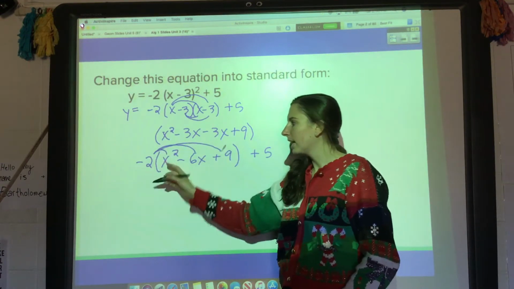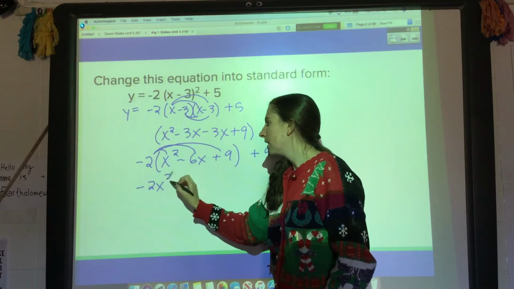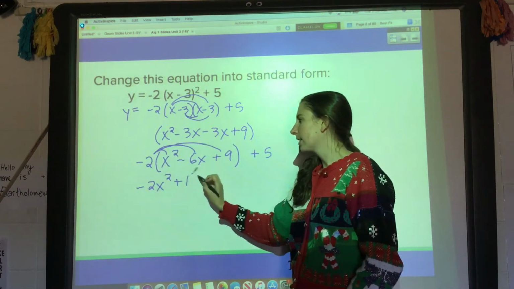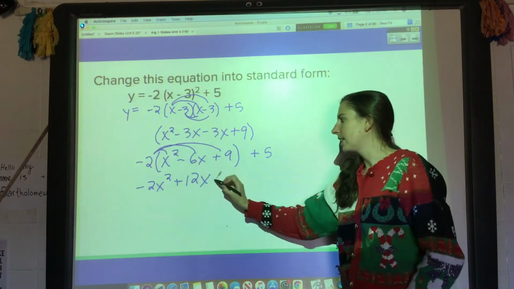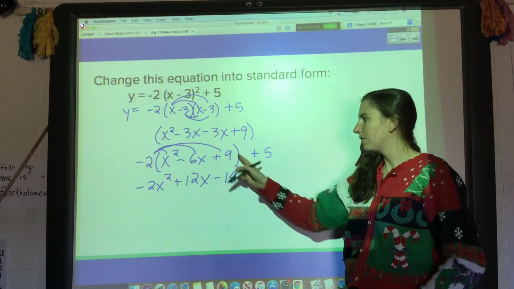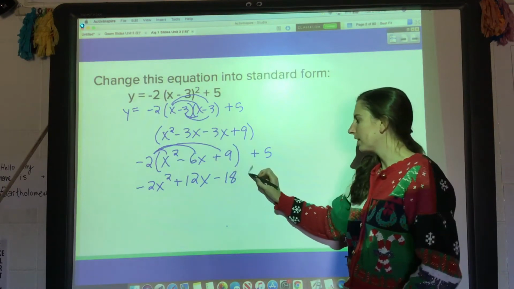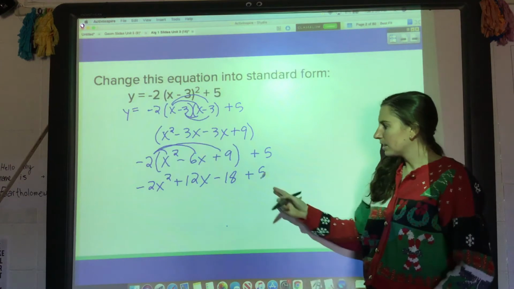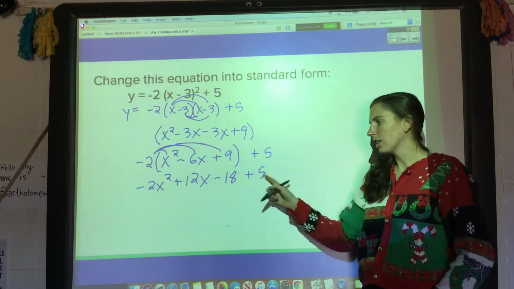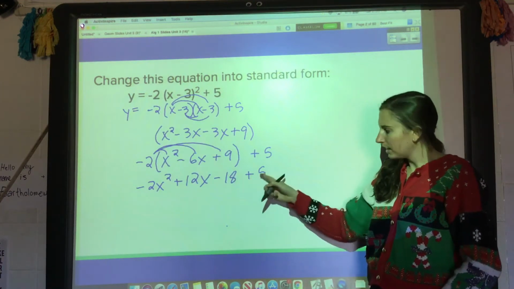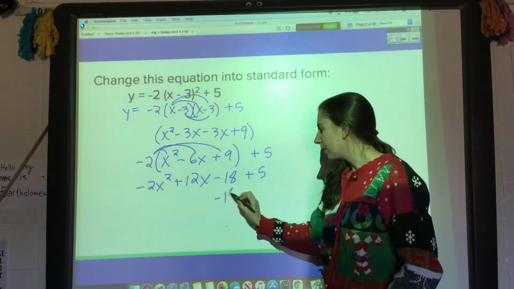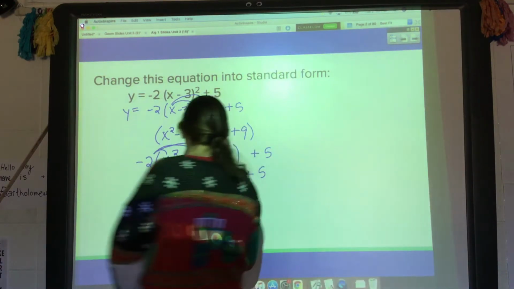So that's negative 2x squared, positive 12x, and then negative 18. And now that I've dealt with the distributing, I can ditch the parentheses, and now I'll just add the 5. These are like terms, so negative 18 plus 5 is negative 13, and I am done.